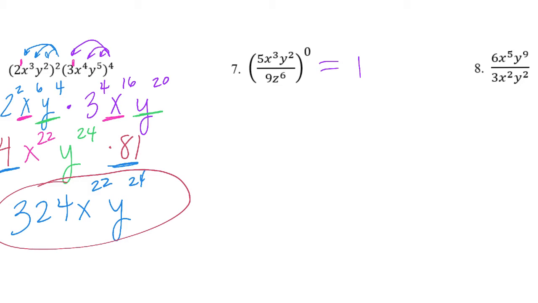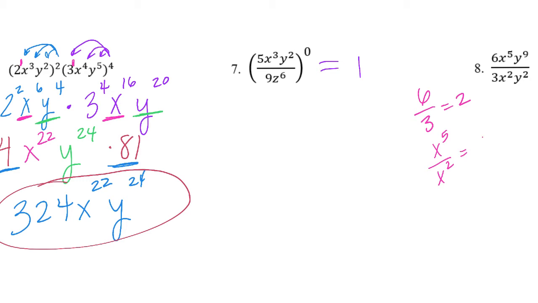Next. Okay, with division, we have to be careful and pay attention to the big numbers. They need to be divided. So 6 divided by 3, think of it this way, 6 divided by 3 is 2. It's a nice whole pretty number. Then we want to look at the next set, so we want to look at the x's. So we have x to the 5th over x squared.